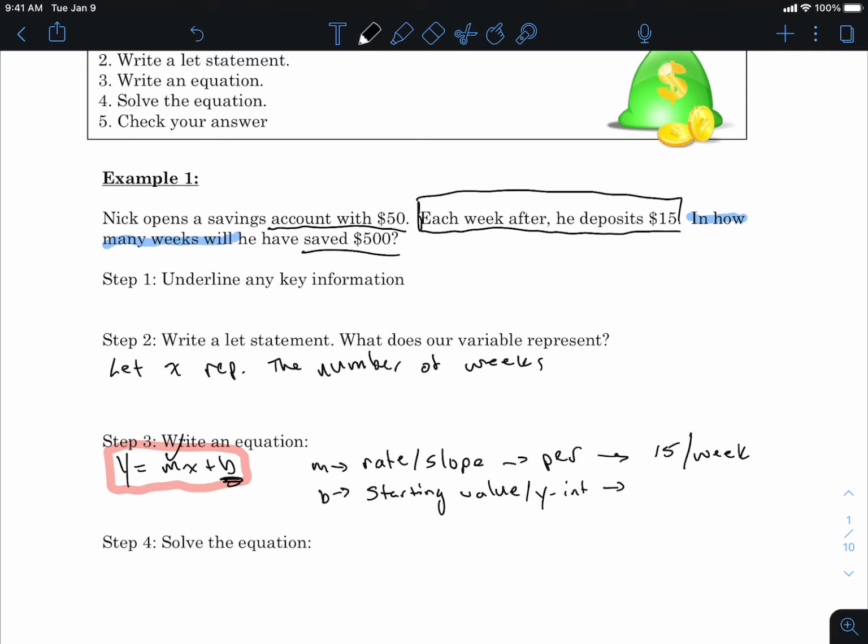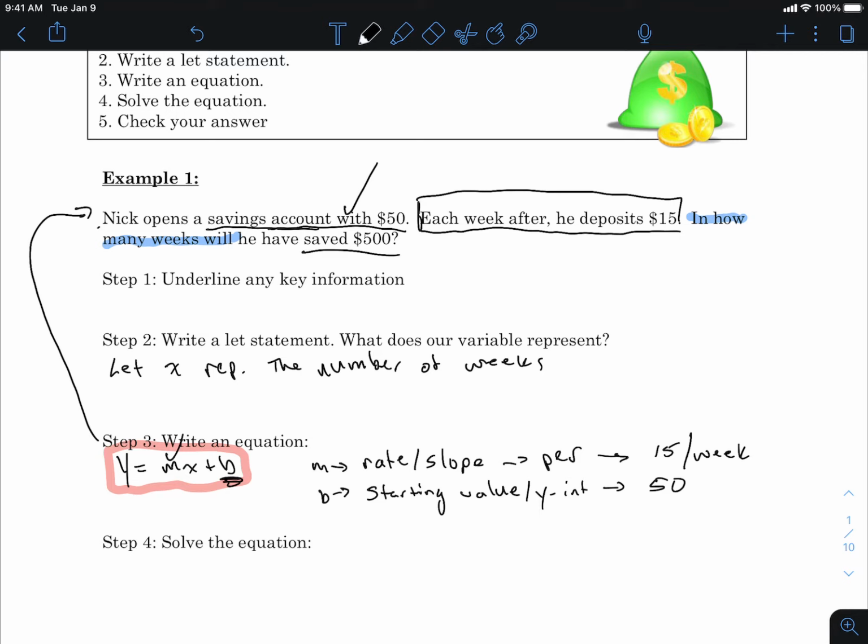So you go back to your question and ask, what about the question, where I've underlined, tells me about the starting value? Well, Nick opens a savings account with $50. So he opens the account and then puts $50 in. That sounds like my initial amount, right?